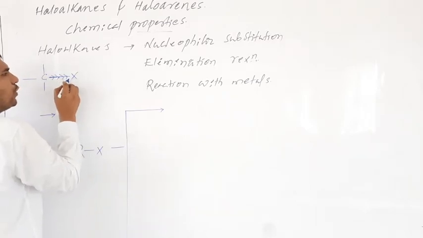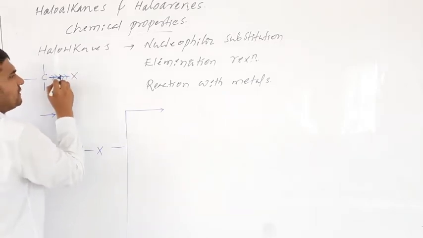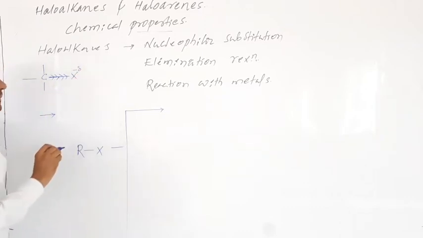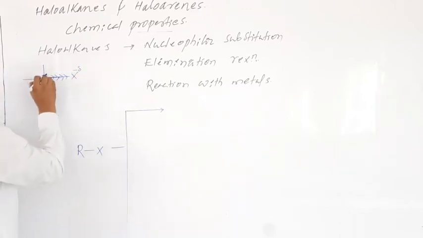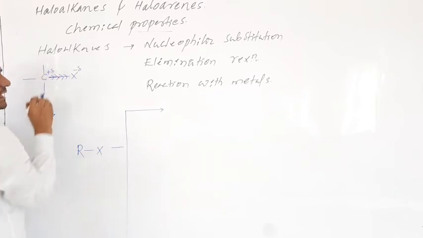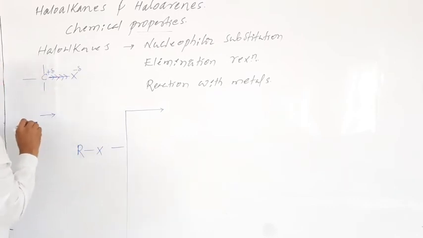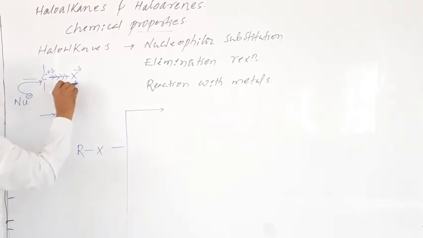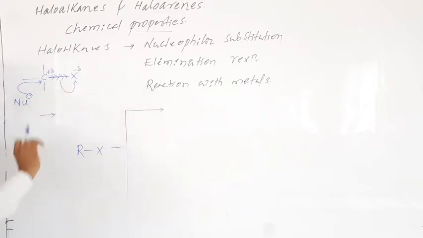Due to this, it withdraws electron towards itself, therefore it carries partial negative charge and develops partial positive charge on the carbon. So if you react this with a reagent containing a nucleophile, the nucleophile easily approaches this carbon containing positive charge, replacing halogen as a halide ion.